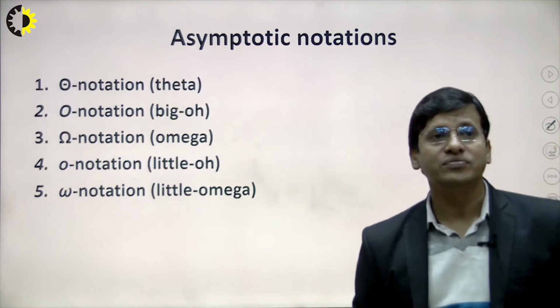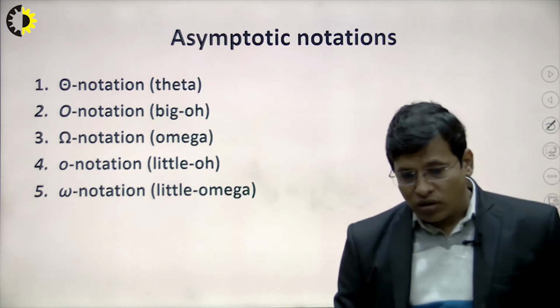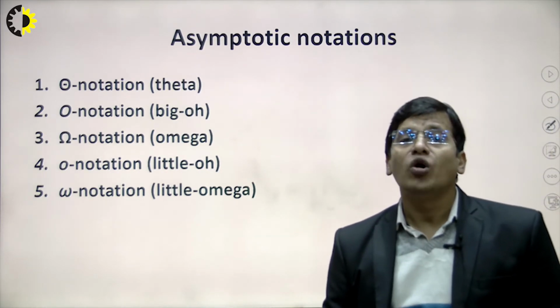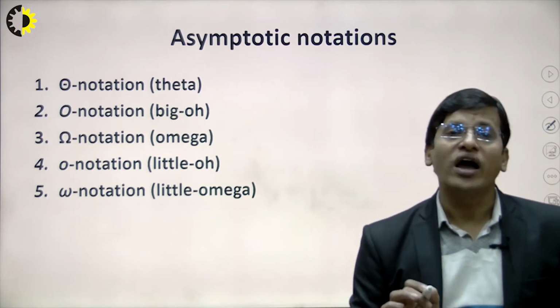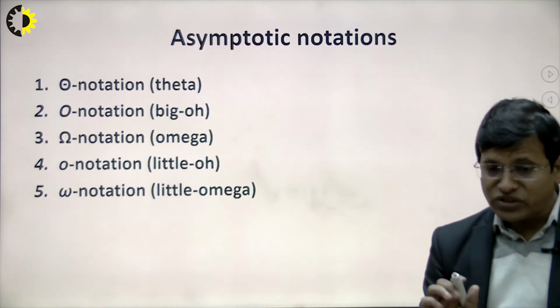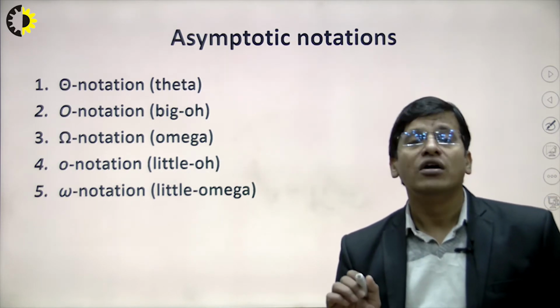Now we see what notations we are using to determine the complexity. Basically we have 5 types of notation for representing the worst case running time function T of n.